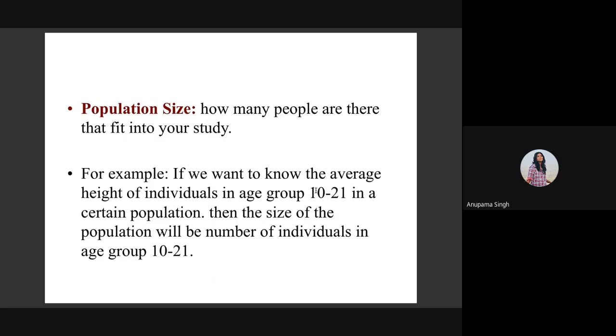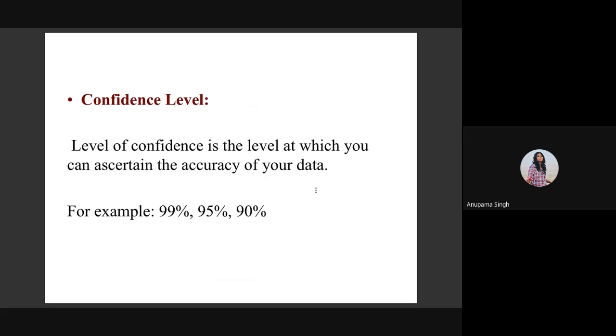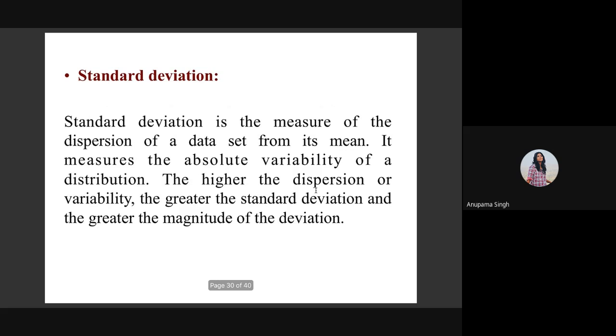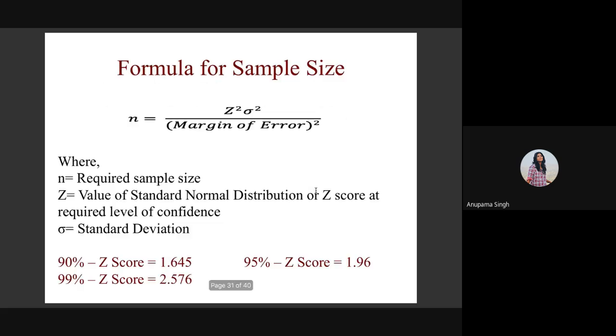First of all, your population size should be clear, okay? Then your level of confidence should be clear, how much level of confidence you are taking. Then your margin of error should be clear, and your standard deviation should be clear. Standard deviation is nothing but the root of the variance, okay?